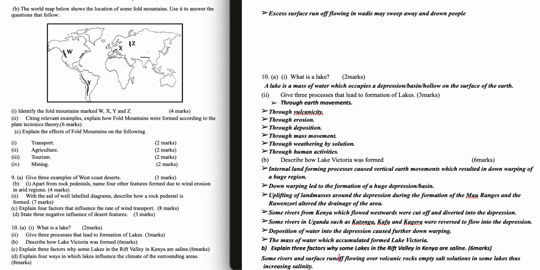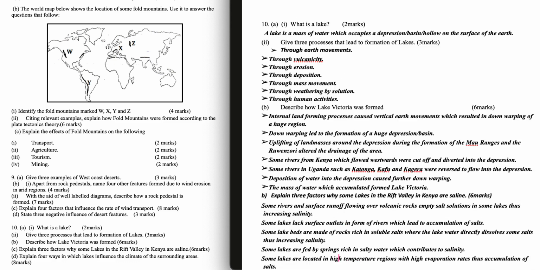Question 10c. Explain 3 factors why some lakes in the Rift Valley in Kenya are saline. Some rivers and surface runoff flowing over volcanic rocks empty salt solutions into some lakes, thus increasing salinity.